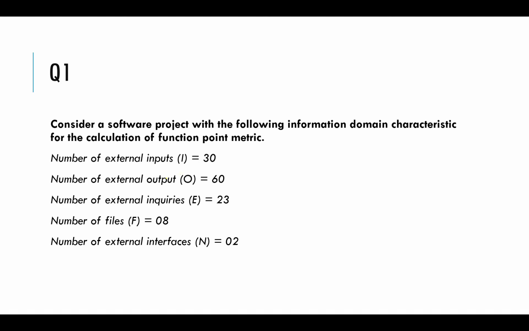Here the 5 parameters are given, as you can see: external inputs 30, external outputs 60. These are the numbers of inputs and outputs given. Number of files is 8 and number of external interfaces is 2. Now we check what weightage has been given in the question.